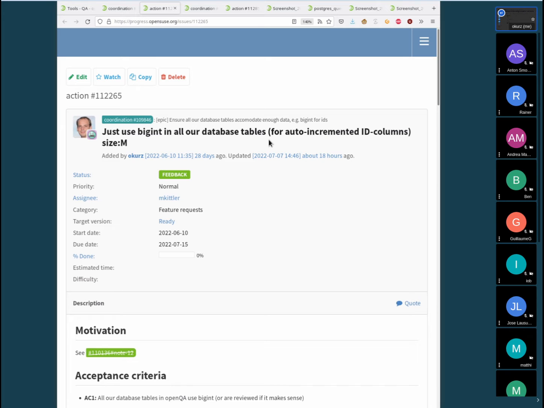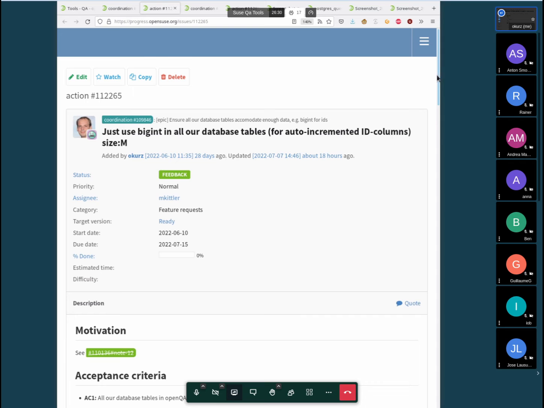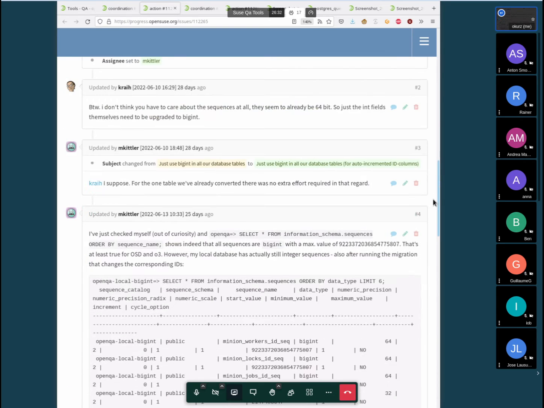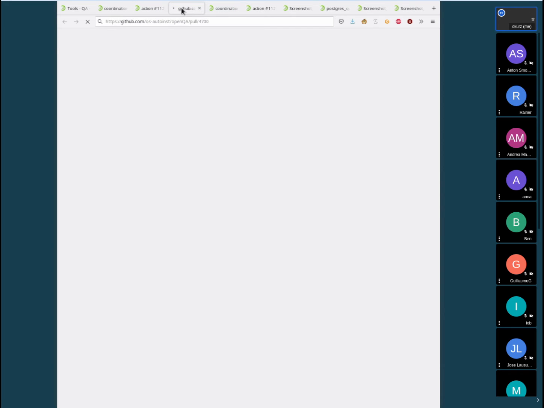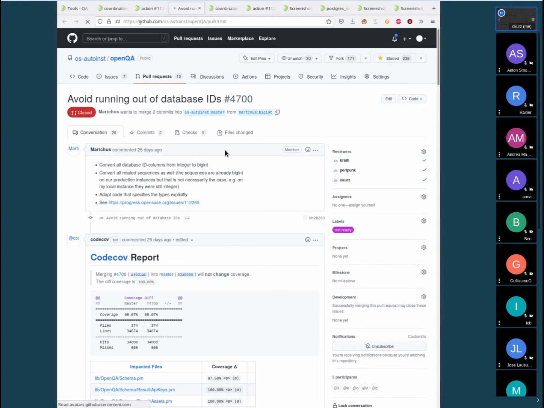In that case, we prepared separate pull requests, and I can show you one pull request here, which is "avoid running out of database IDs".